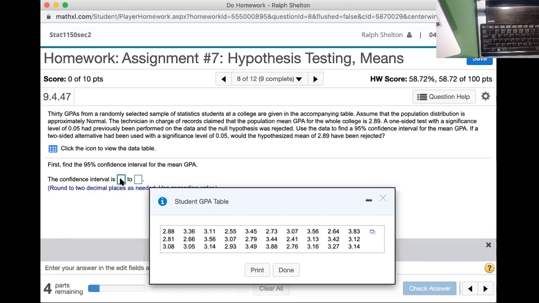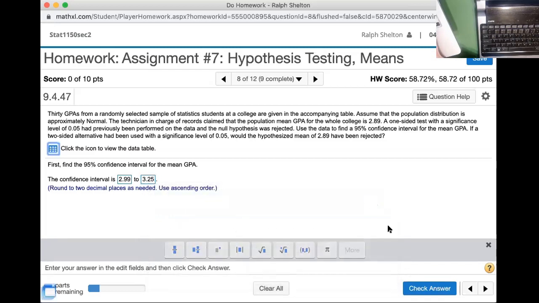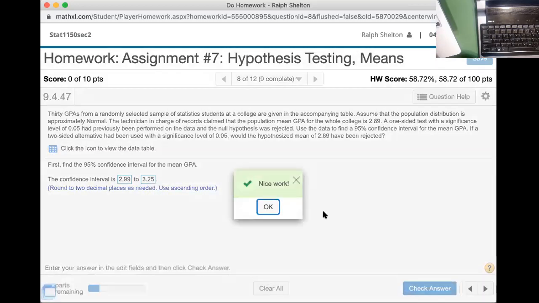So I'll just enter my confidence interval numbers here. It'd be 2.99, and the upper limit is 3.25. We don't need to look at that data anymore. Check answer, should be correct. It is. We continue.